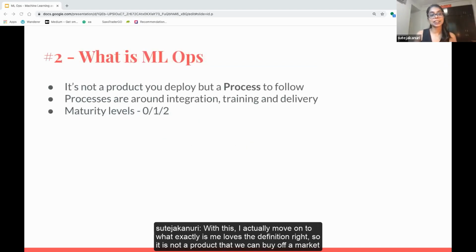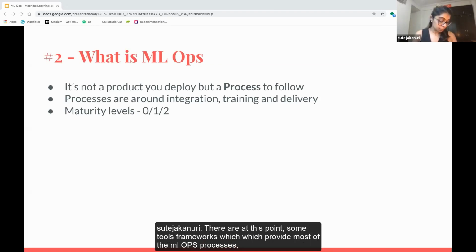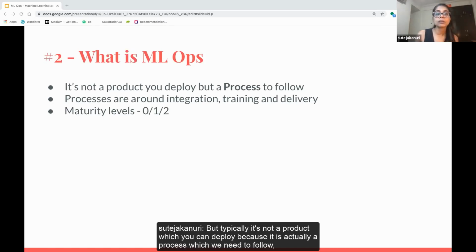With this, I move on to what exactly MLOps is, the definition. It is not a product that we can buy off the market and deploy. There are at this point some tools and frameworks which provide most of the MLOps processes, but it's not a product you can deploy, because it is actually a process which we need to follow.